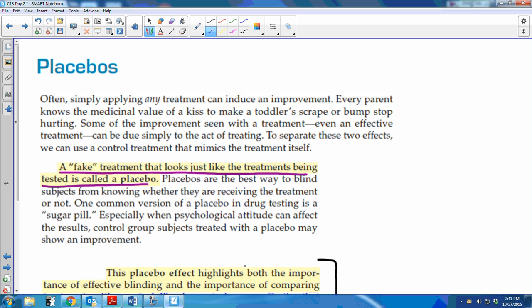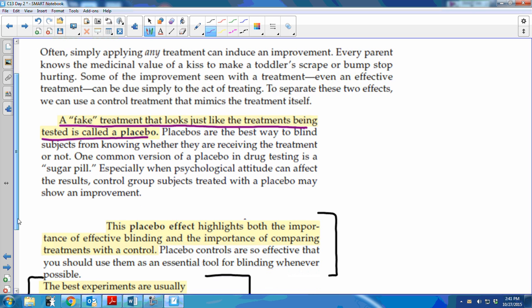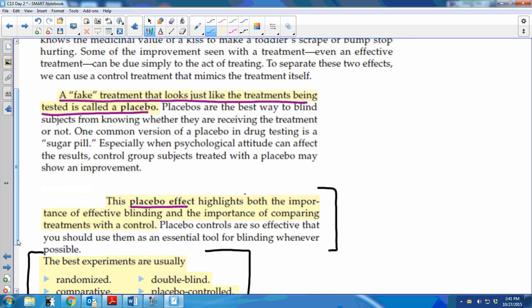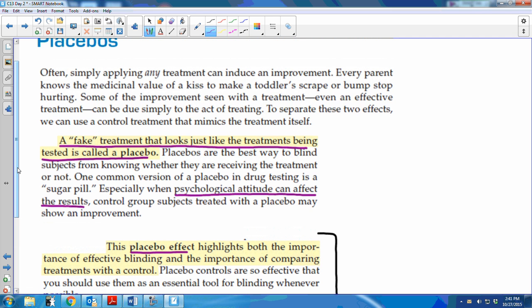Something like that. Now, the whole reason for the placebo is the placebo effect. The placebo effect shows that there's some psychological component that can have an effect on your results.